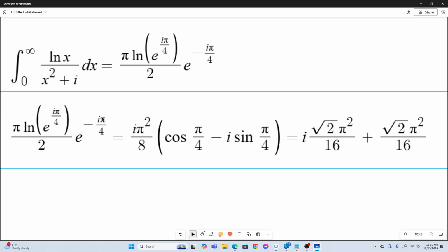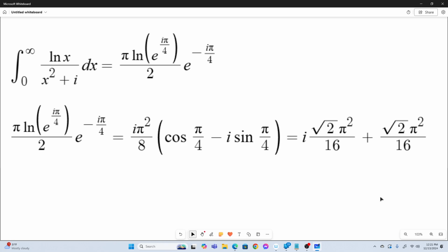And then we use Euler's formula on e to the negative i pi over 4, which turns into cosine pi over 4 minus i sine pi over 4. Both cosine and sine of pi over 4 are square root of 2 over 2. So we distribute this inside, and this is what we end up with. This whole expression right here is just i times the square root of 2 pi squared over 16 plus square root of 2 pi squared over 16.